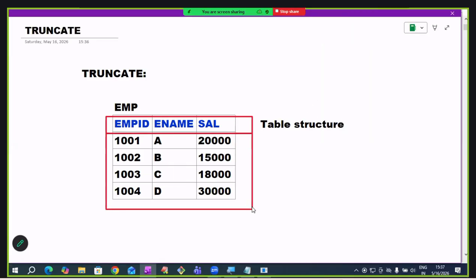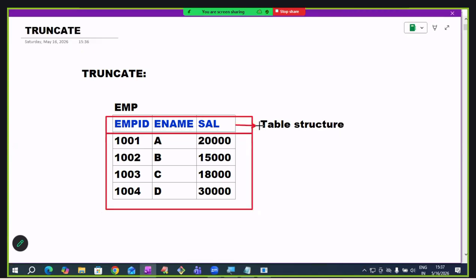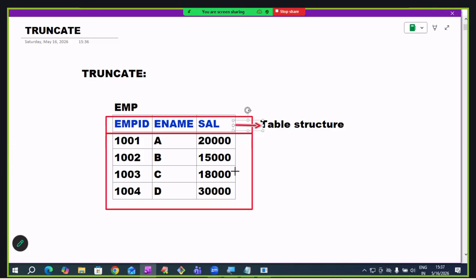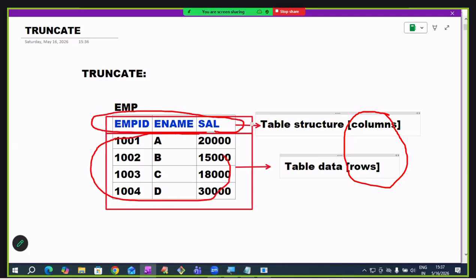A table contains table structure and table data. Table structure means columns: employee ID, e-name, salary, columns only. Table data means rows. So a table is the collection of rows and columns. Or you can say like this also, a table contains table structure and table data.